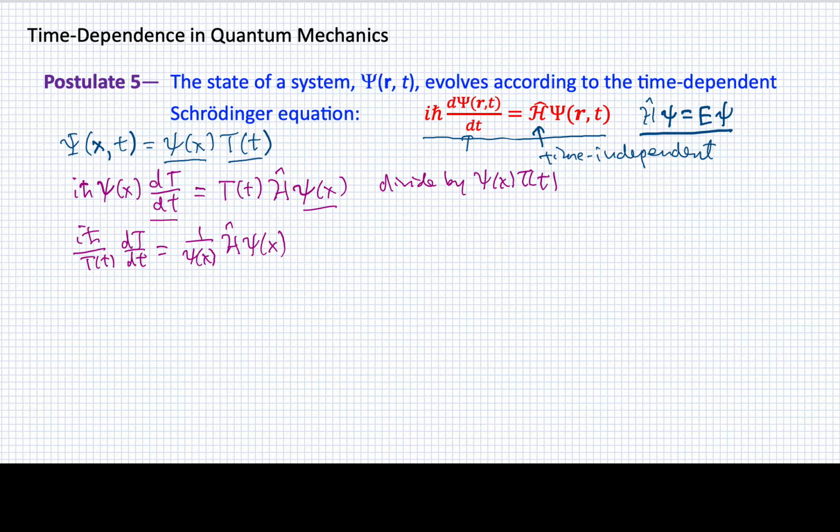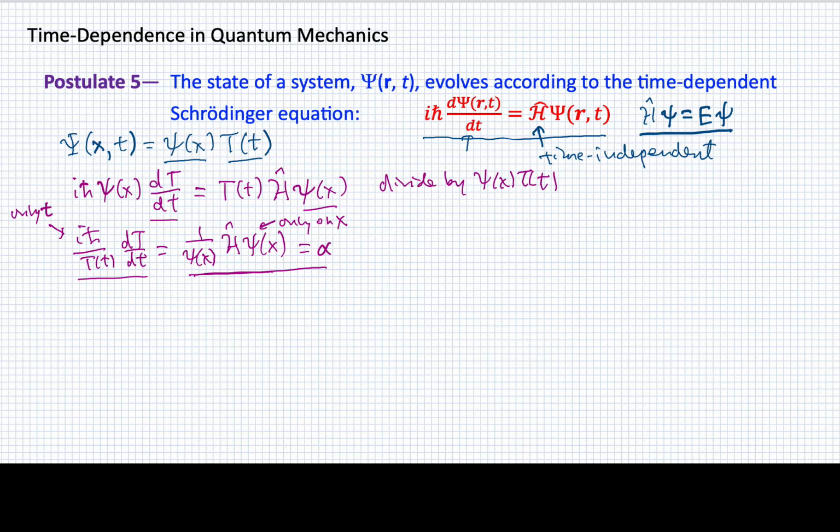And just as we had in the separation of variables, we have one side that depends only on time and another side that depends only on position. Okay, so since this can vary independently from this, each side must be equal to a constant, so they're equal to the same constant.